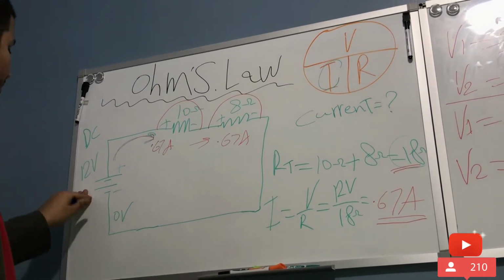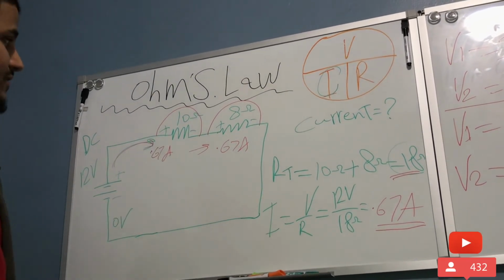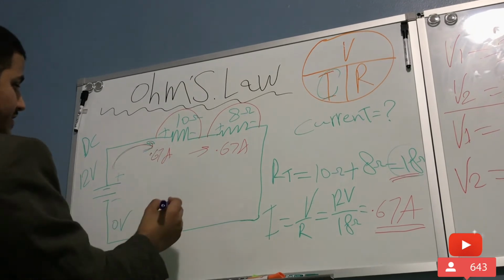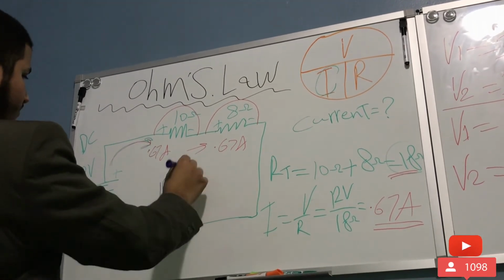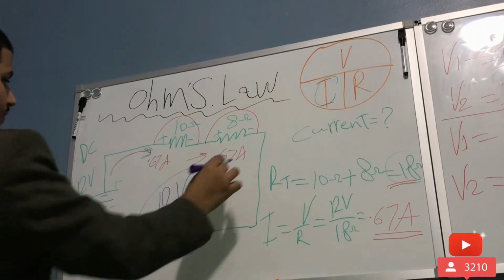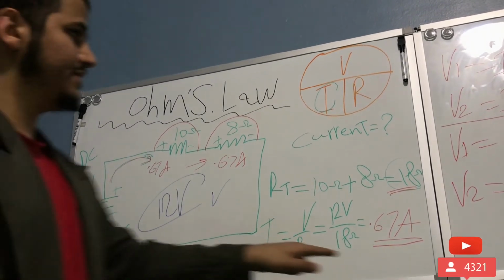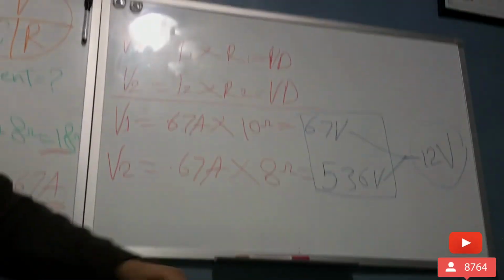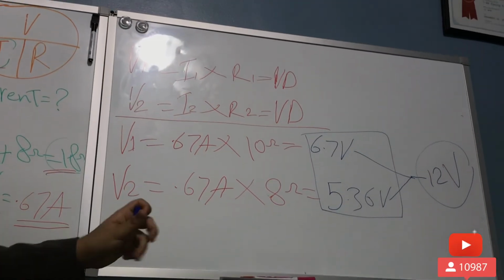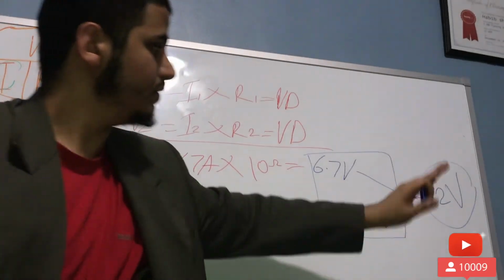So we're getting 12 volts in here. So this is the current, and this is the 12 volts. Hopefully you get this. I proved it for you, I made it clear, and we get the same volts.